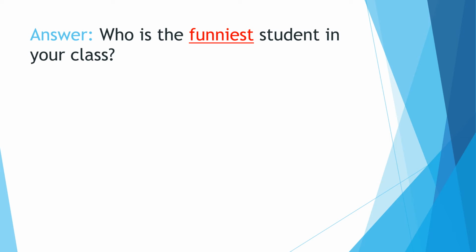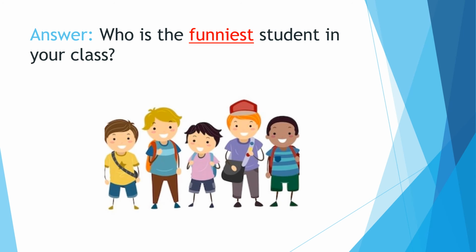The correct answer is, who is the funniest student in your class? So let's take a spelling of the adjective funniest. Look at the changes given here. Funny became funniest. Are you clear about the first question?